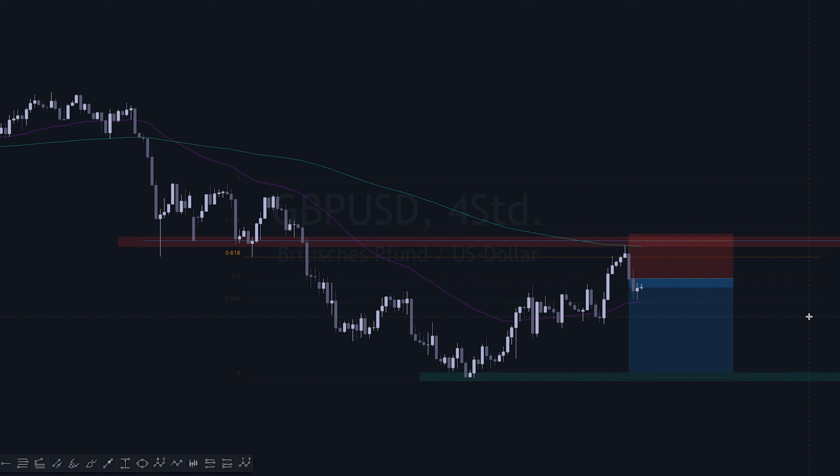Now it doesn't always go in my direction, but I have a bigger chance that this trade is a winning trade, guys. So when you have more confluence on your trades, you have more confidence in your trading, guys.